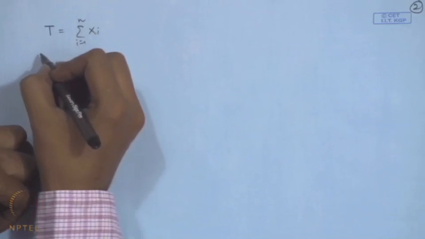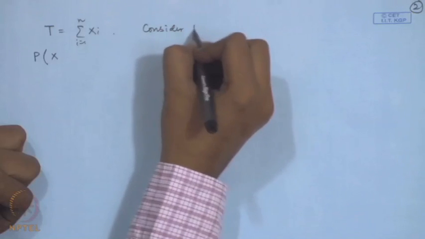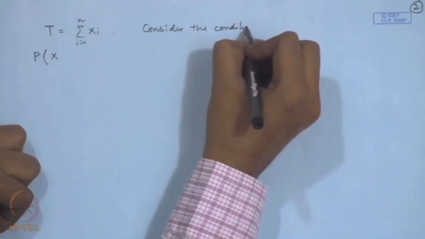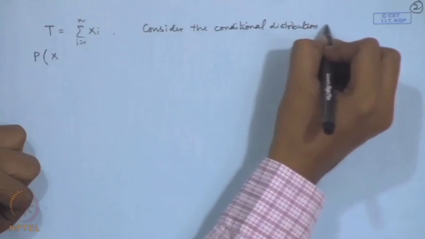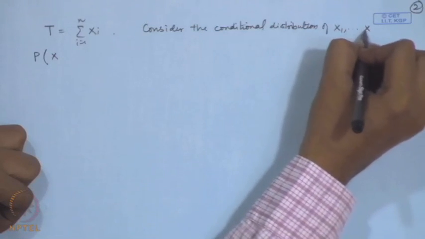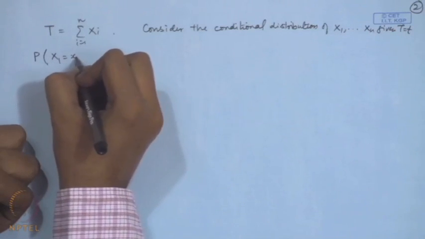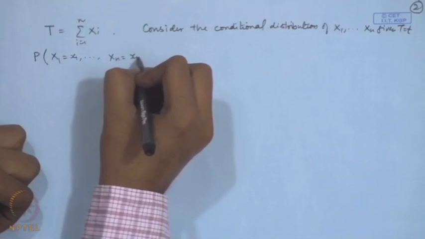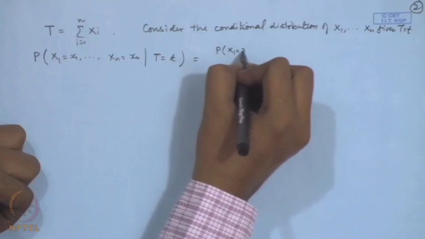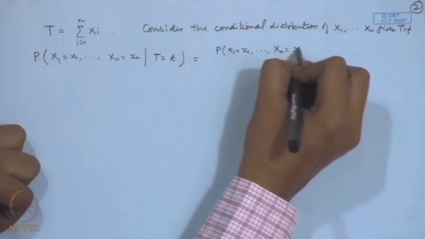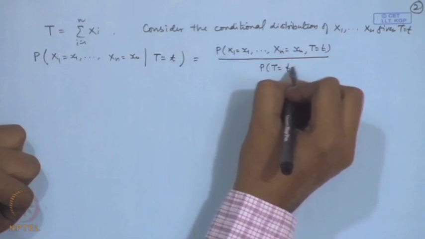Let us look at the conditional distribution of X1, X2, ..., Xn given T. That is, X1 is equal to x1 and so on, Xn is equal to xn, given T is equal to t, that is equal to the probability of X1 is equal to small x1 and so on, Xn is equal to small xn, T is equal to t, divided by the probability of T is equal to t.